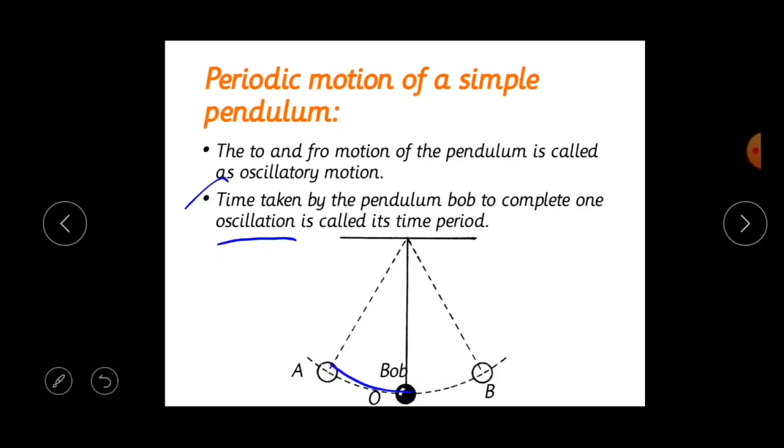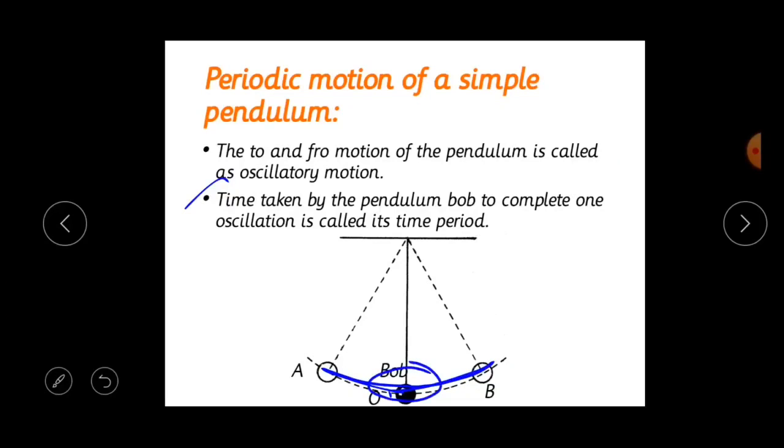O to A to B, and again B to O. So the pendulum completes one oscillation when its bob moves from one extreme position A to the other extreme position B, and comes back to the mean position, that is O.